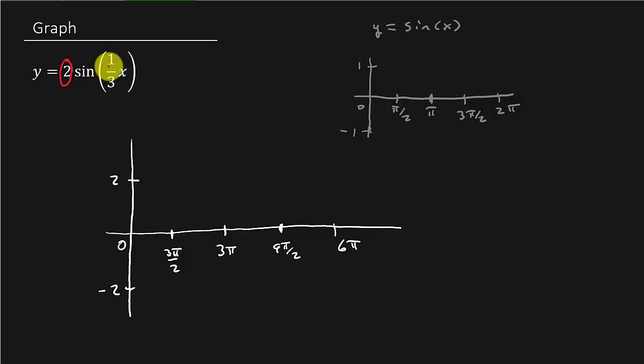Now, the graph of just sine x, what you have to remember is that it starts at 0 here, and then it goes up to its maximum, back to 0, then to its minimum, and then back to 0. It goes 0, max, 0, min, 0.